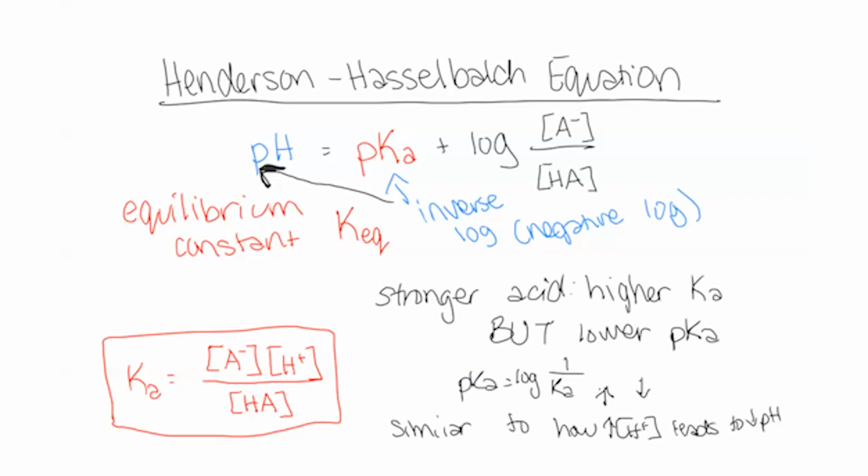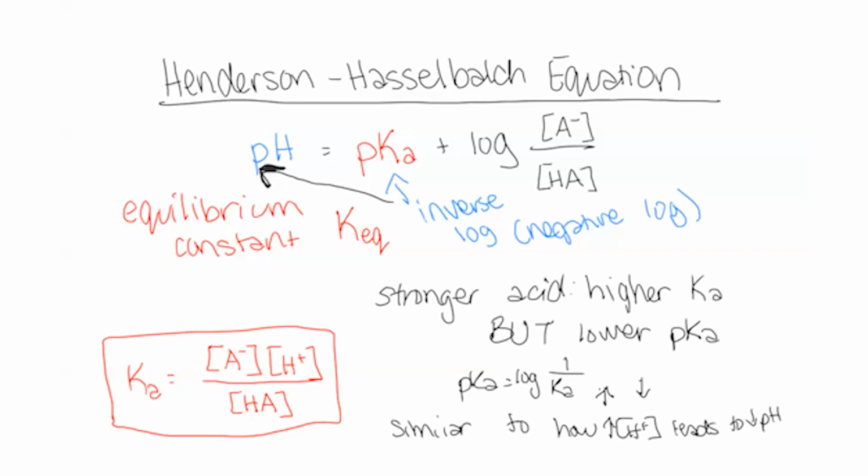The pKa is the pH at which half of it is protonated and half of it is deprotonated. And so it makes sense that a stronger acid is going to have a lower pKa, meaning that even at lower pH, where there's still plenty of protons around, it's still likely to be deprotonated.